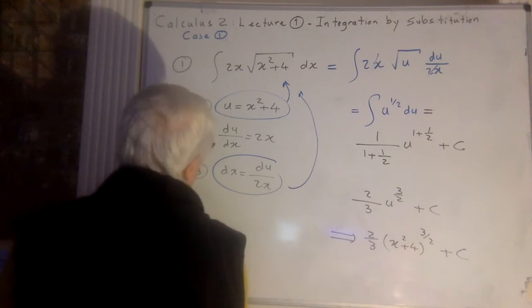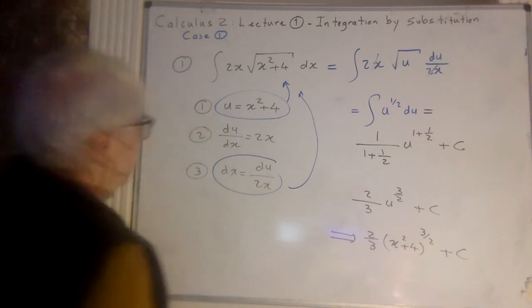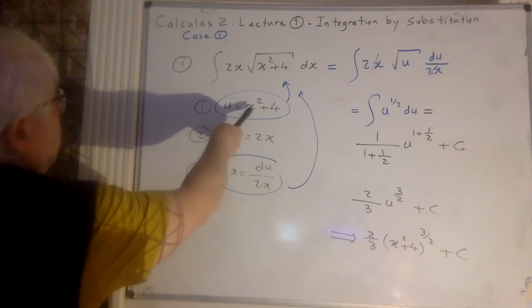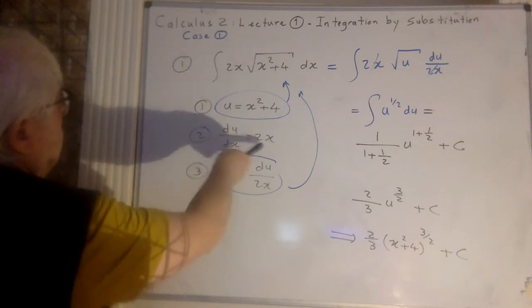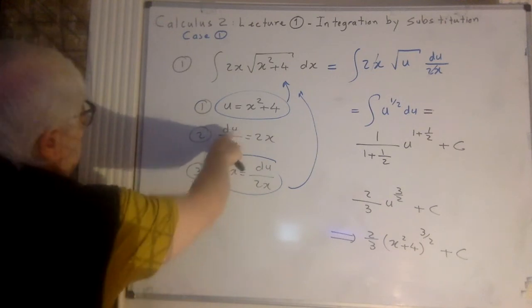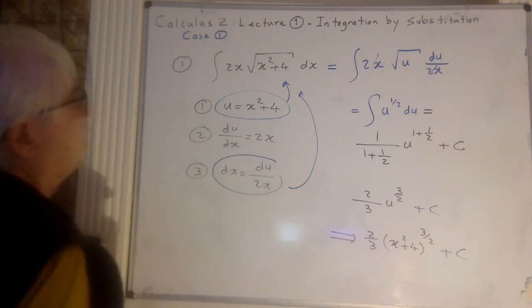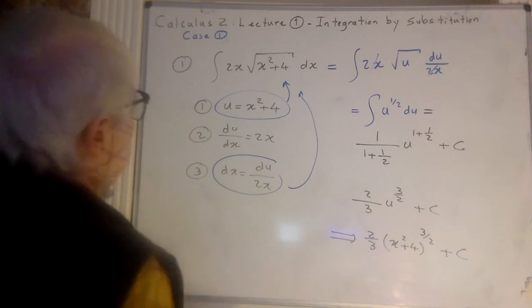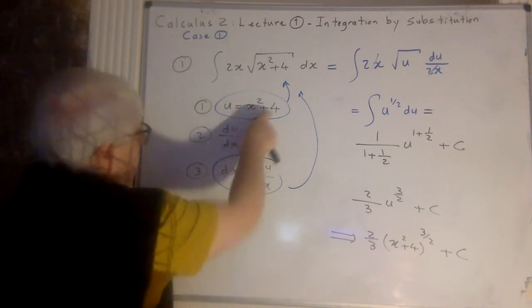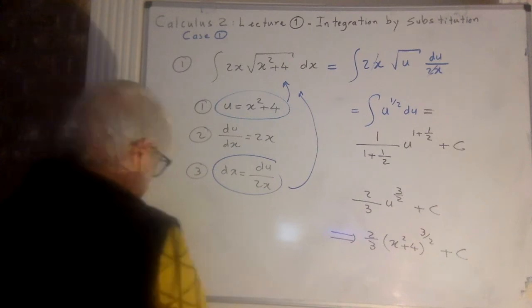Okay, so let me double check. Substitute u for x squared plus 4, then du/dx is this, then find dx in terms of the rest of the things, and that is du over 2x, and substitute for this one and this one.